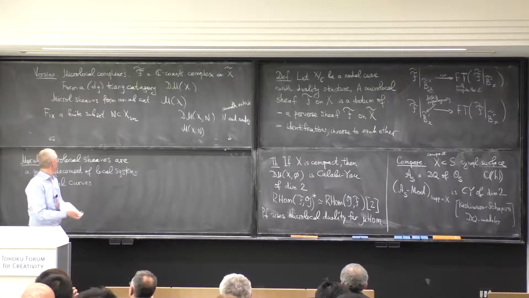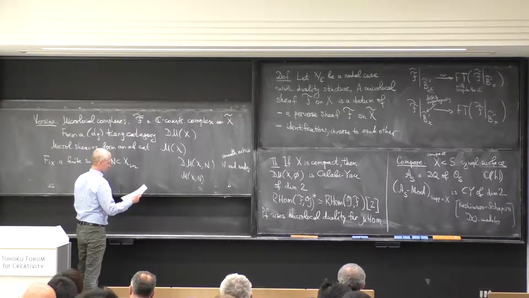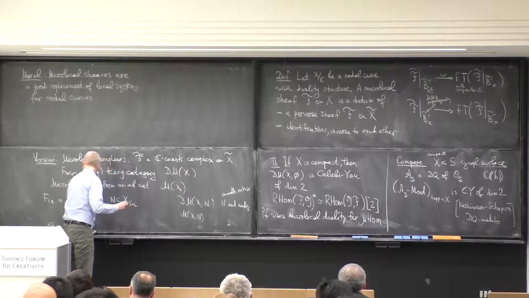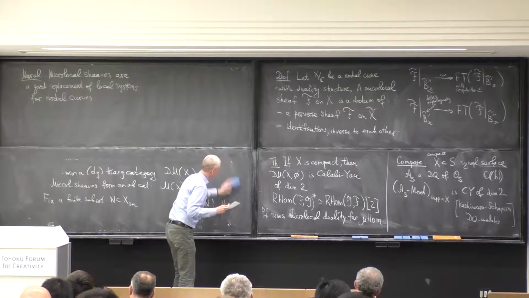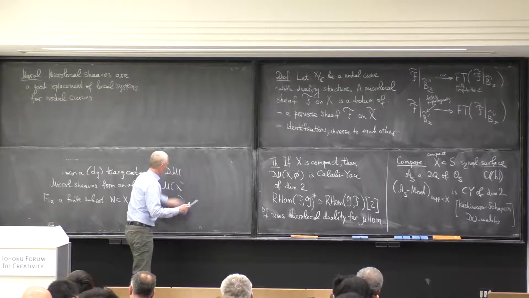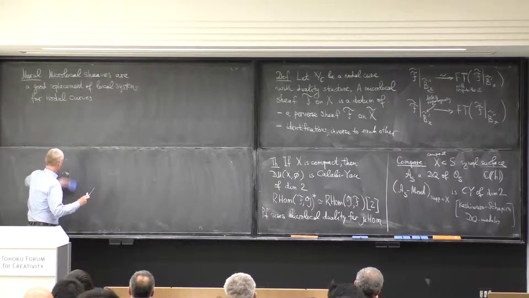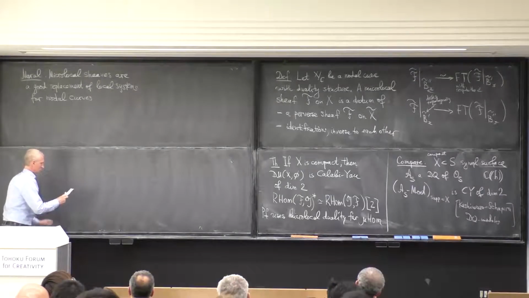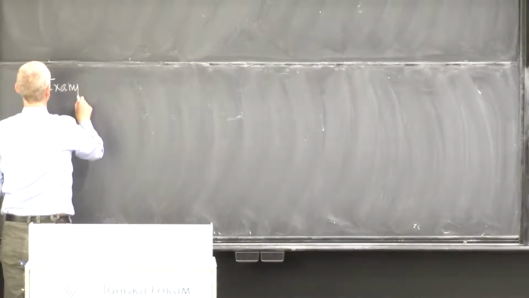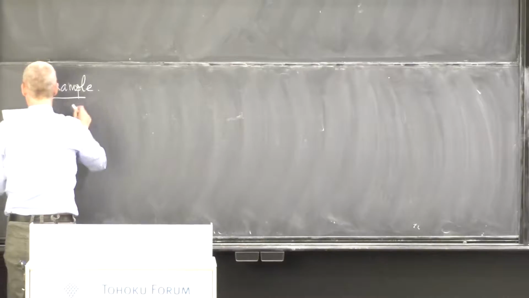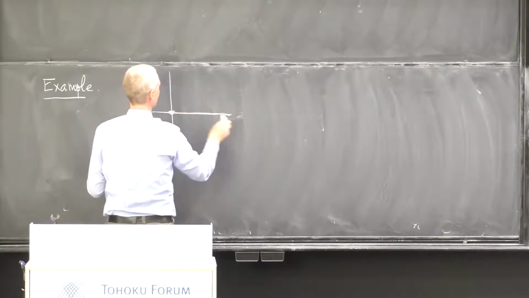Okay, let me now work out one example. Consider the simplest model curve, which consists of two copies of P1.